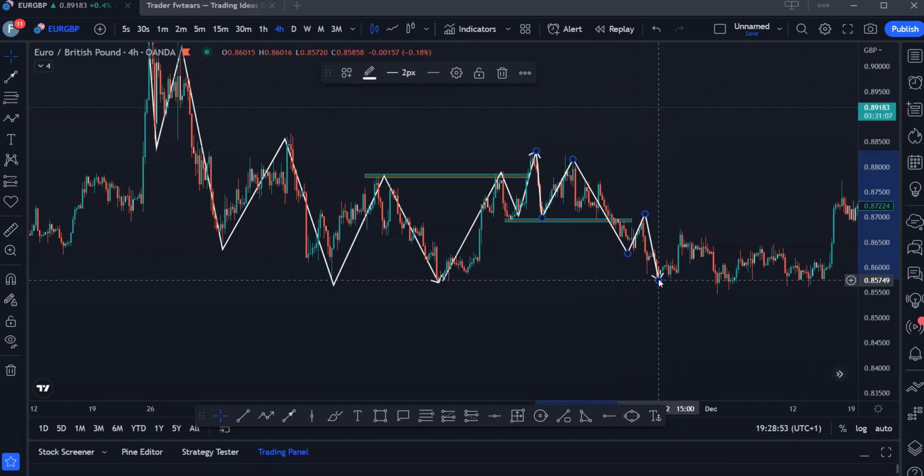But when you are sure and certain that price is in an uptrend, you know what you're looking for: you're looking for support zones to buy from. If you figure out that price is in a downtrend, you know that you should be selling, so you are sure what you're doing, and you're looking for resistance zones to sell from. When you put all of that together, you'll be in profit most of the time.